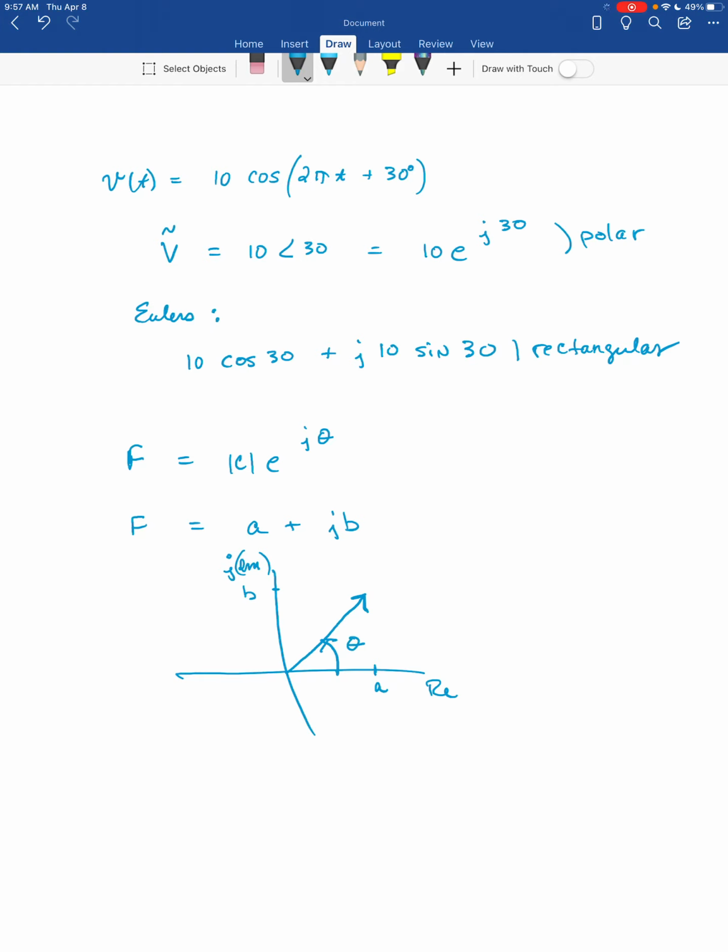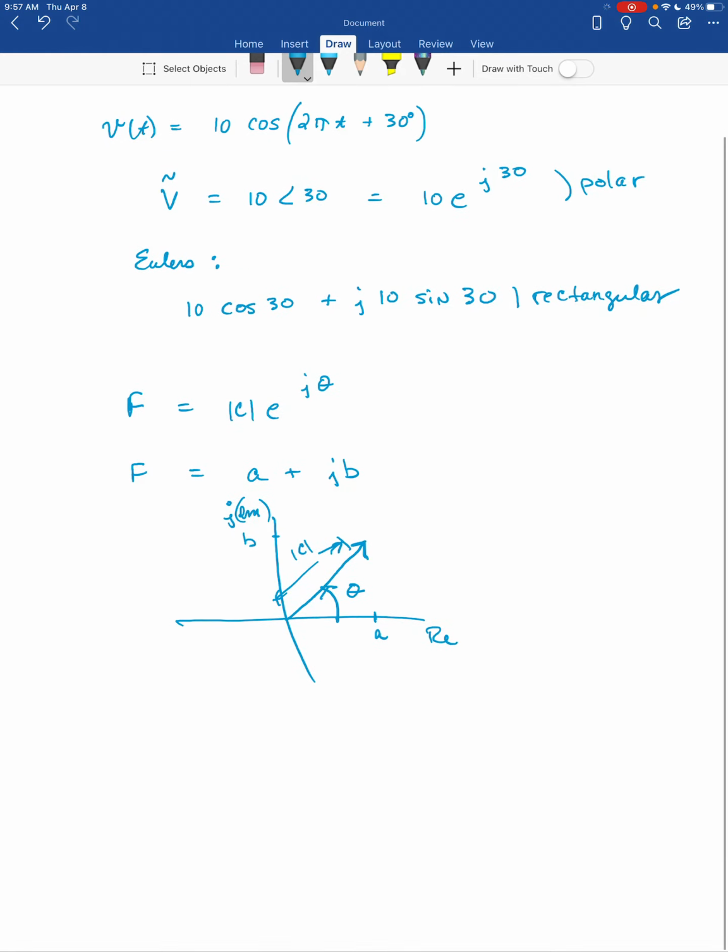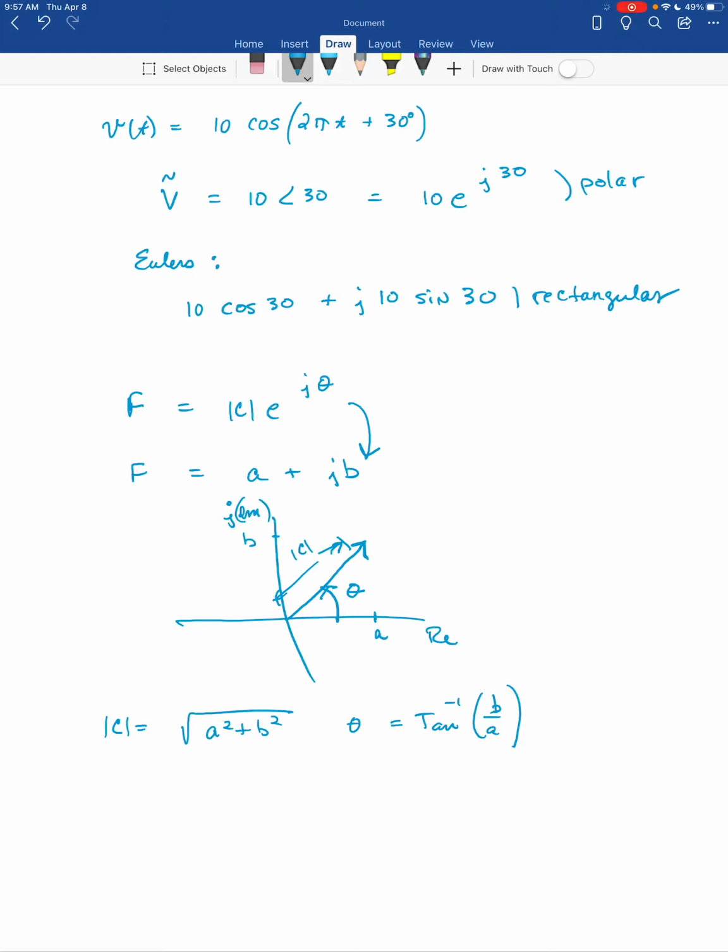Or you can realize that theta is the angle that it makes with the horizontal axis, and C is the length. So to go from one to the other, C, and I'll draw the absolute value just to indicate that it's a magnitude, is the square root of A squared plus B squared, and theta is the inverse tangent of B over A. Okay, and to go the other direction, you would just apply Euler's relationship.